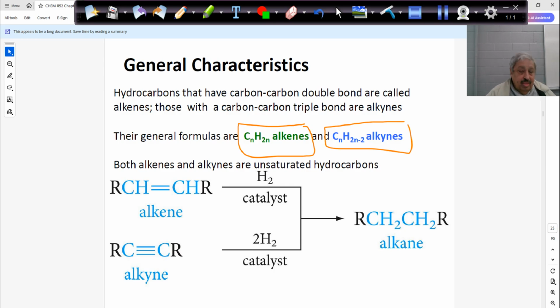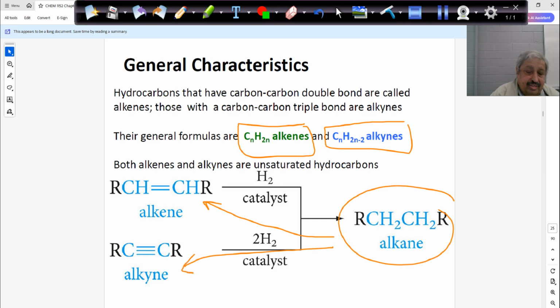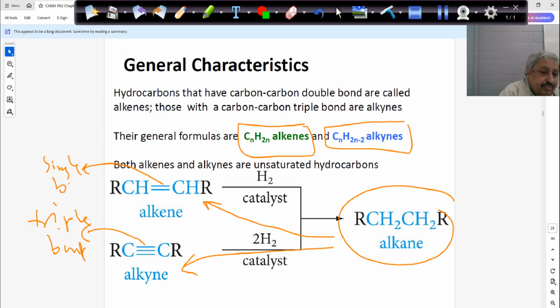Now, can we get alkanes out of alkenes and alkynes? Alkynes is triple bond. And here we have single bond. Correct? So as we said, no spinning, no rotation around the axis of the double bond or the triple bond.